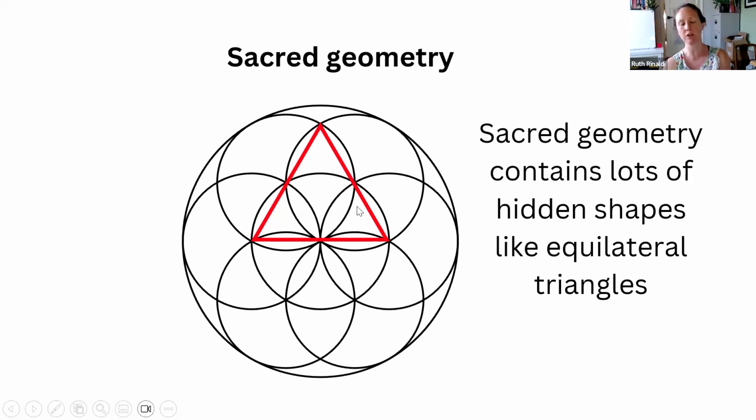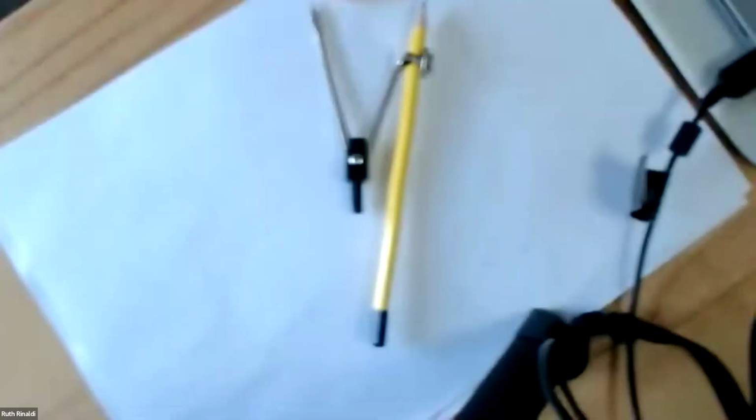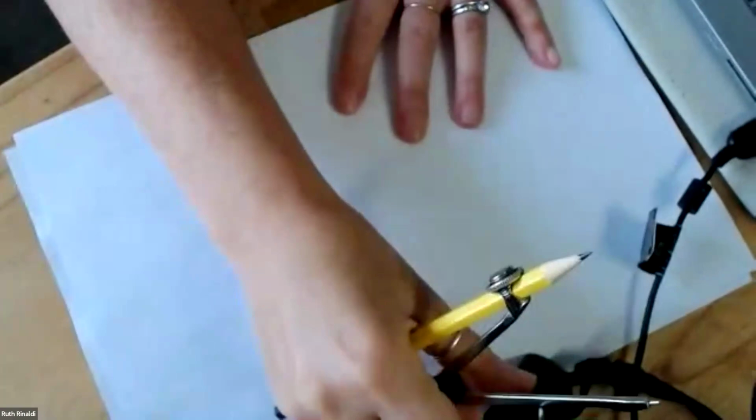That's because with a circle, you've got this one key measurement, which is a radius, which I'll talk a little bit about now, actually. So a radius is the distance from the center of a circle to the edge of a circle. So if I show you, I've got a compass here. The radius is the measurement from the center of a circle to the edge.